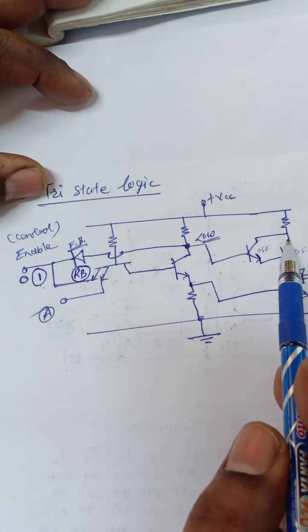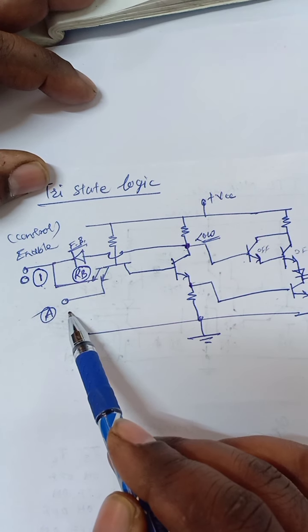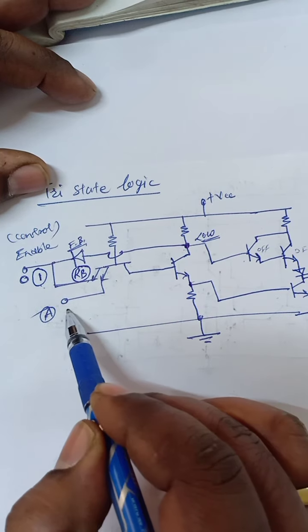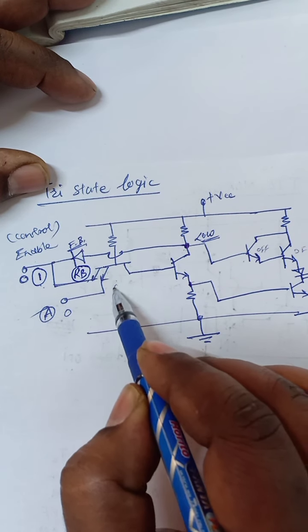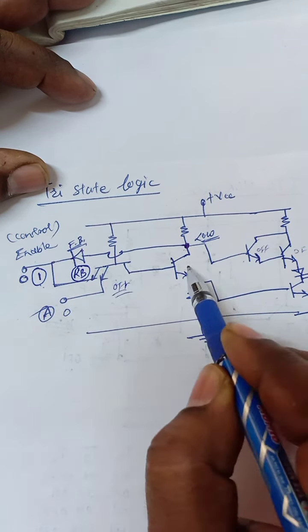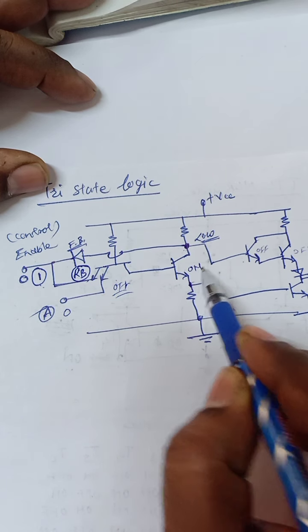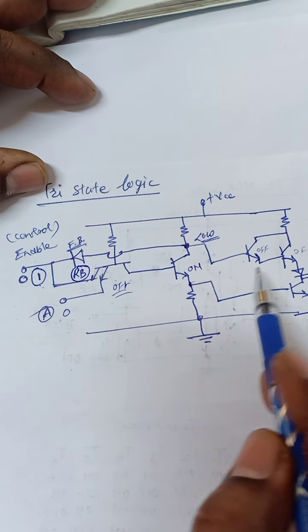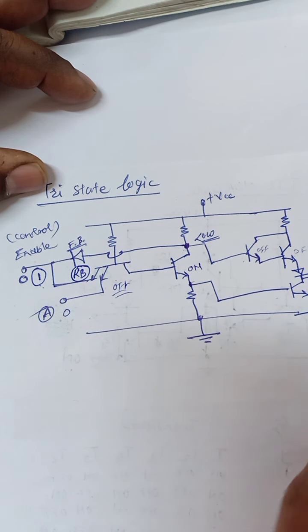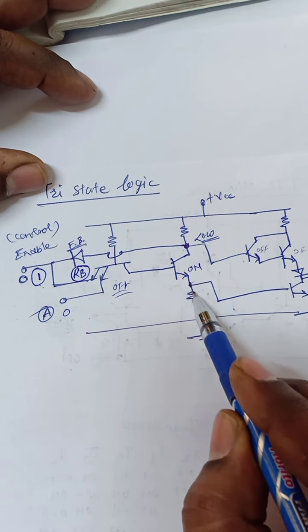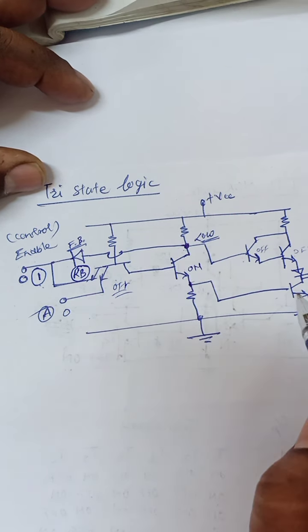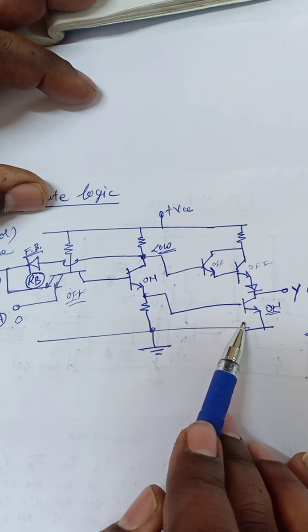So now it depends on this A state. Okay, if A is 0, it will turn off, then it will turn on. So because of this on state, these two are off, and because of this on state, the current flows through this and it will turn on this.